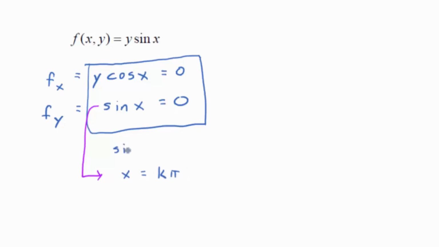So if we're solving the equation sine x equals 0, then x is going to have to be k times pi, where k equals an integer, right? I'm a little off tonight. So that's going to get you this equation equals 0, but that'll never get you cosine of x equals 0 for that value of x.